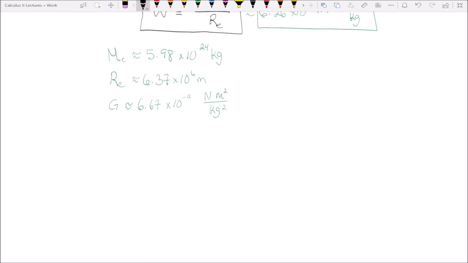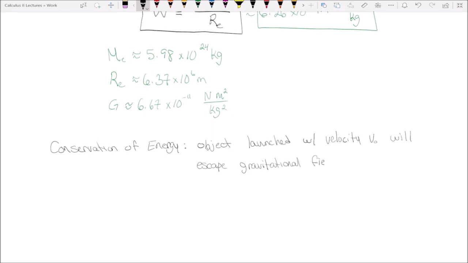To determine escape velocity, we're going to use conservation of energy. For this problem, what it's going to state is that an object launched with velocity v0 will escape the gravitational field if its kinetic energy is at least as large as the work required to move it infinitely far.